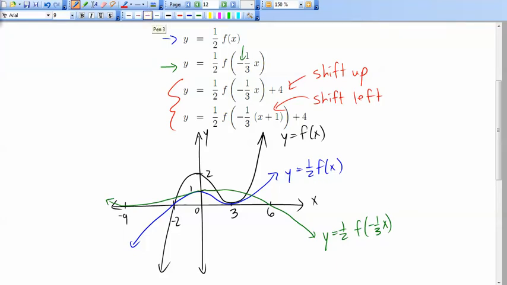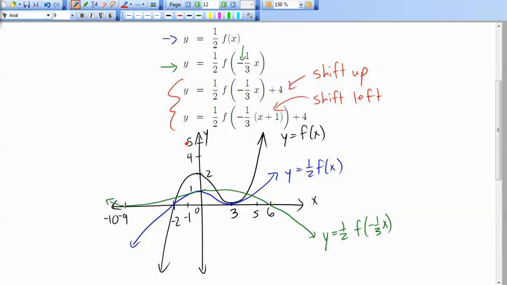Alright, so if we take a look, our new y-intercept is going to be up here at 5. A lot of the old interesting points will be down at 4, and everything's going to get shifted left by 1 unit. Okay, so if we take, for instance, the y-intercept, and we move it up 4 units and to the left 1, it would end up there.